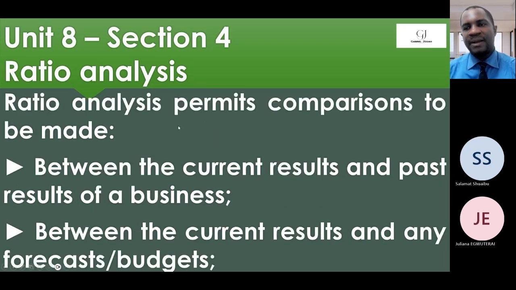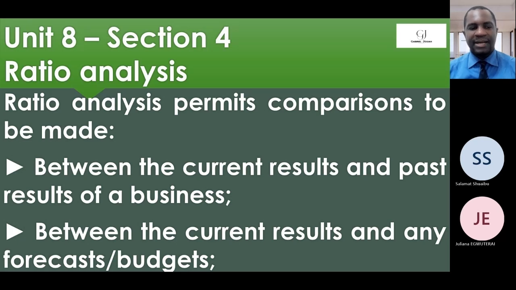So ratio analysis permits comparison between the current results and past results of a business. It also permits comparison between the current results and forecasted results of the business. So this is very, very important.